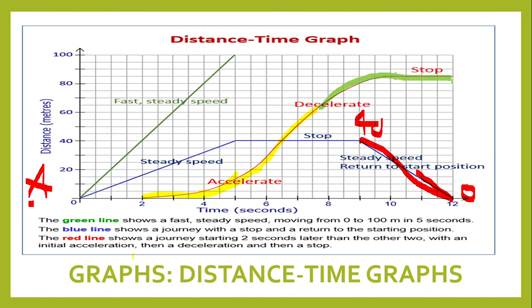That means that from the green part, it's basically slowing down. The gradient is decreasing, which means that the speed is decreasing, and if the speed is decreasing, it means that it is slowing down.